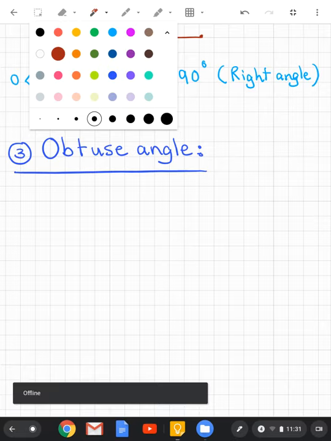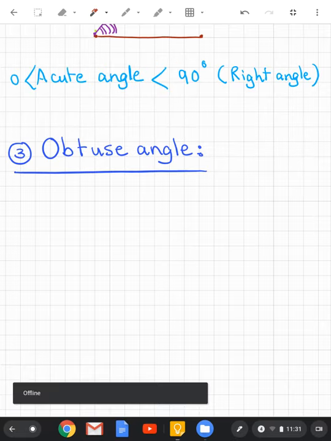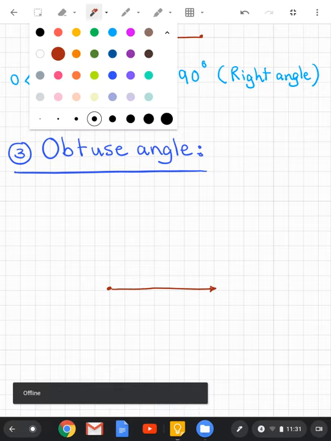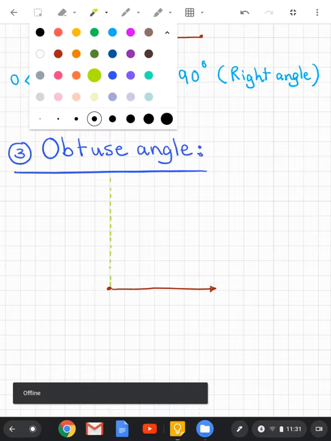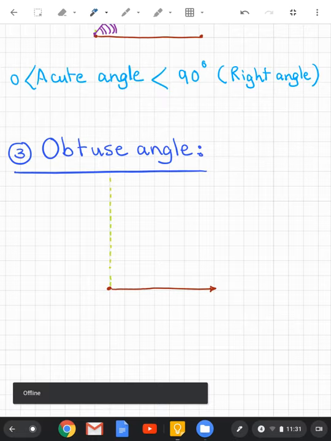If this is our start point, and then this is the first side of the angle, or the first ray that forms the angle, if it is a right angle, the other side is supposed to be here, but because we are talking about the obtuse angle, the other side will be more than the right angle.